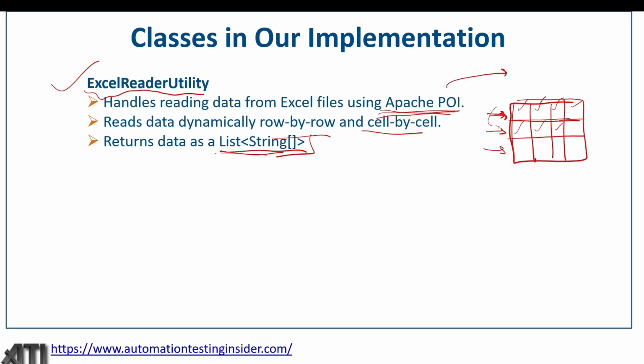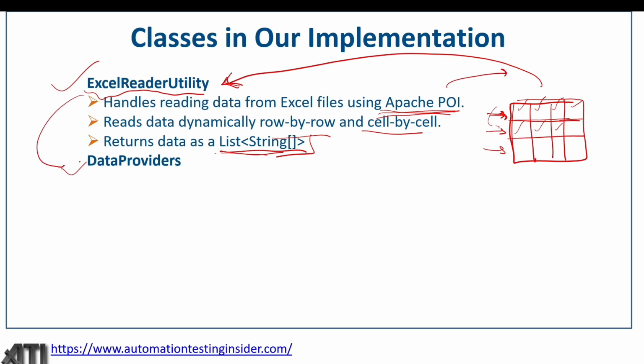So this is about the Excel reader utility class, which we are going to implement as part of our data-driven testing, and there would be another class, the data providers, right? So what is the usage of this Excel reader utility? It will read the data from the Excel file, and then pass the data to data providers.